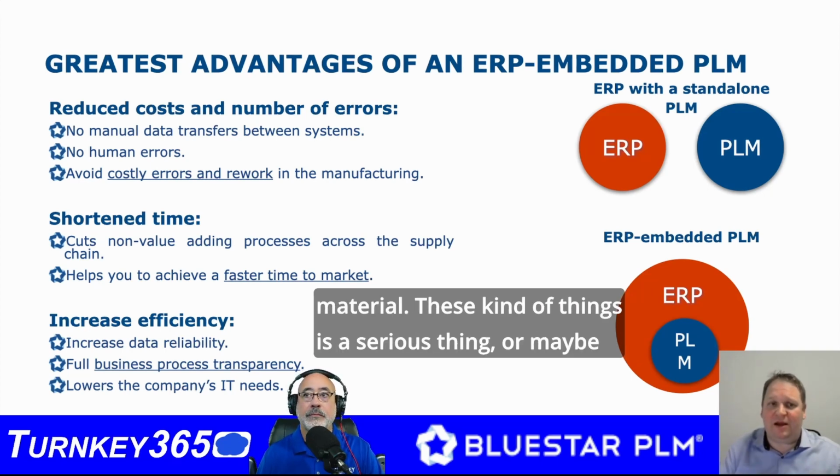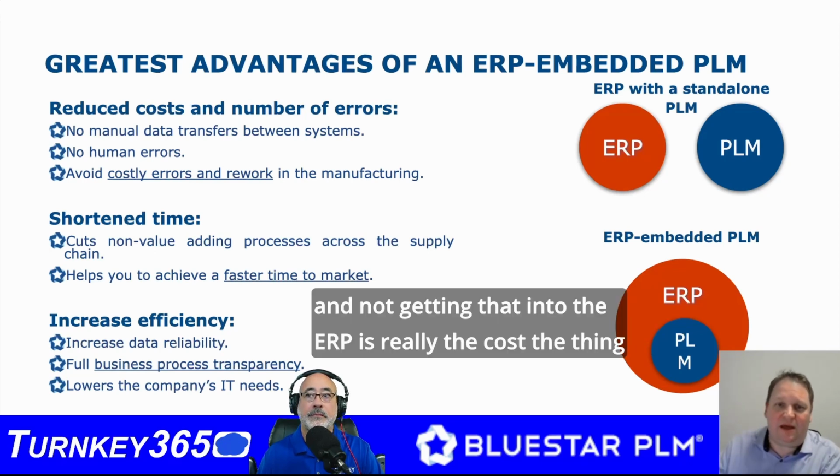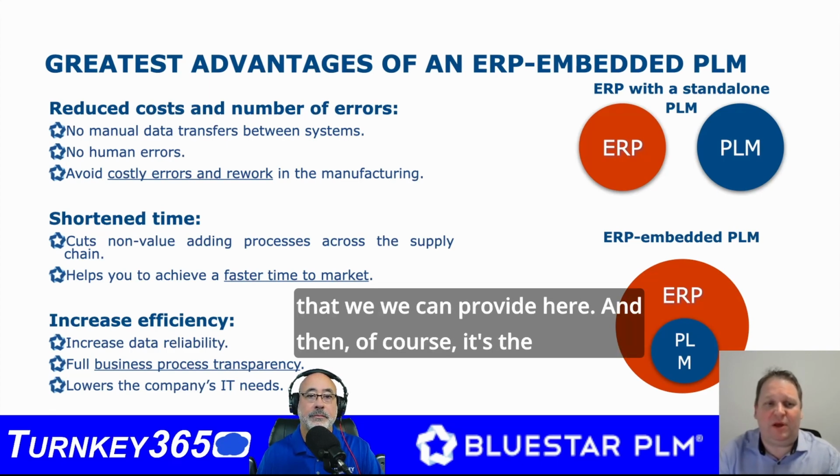These kinds of things are serious, or maybe the engineer already has made a new revision and improved the design, and not getting that into the ERP is really the costly thing that we can provide here.